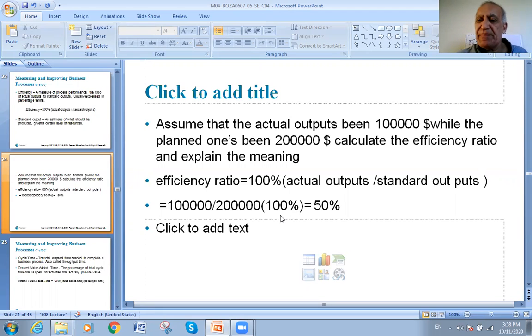Like if you have a shop and you say how much we sold today, 8 units, but we planned to sell 16. That means we have only sold 50% of what we planned to sell. So this gives you a kind of indicator also, whether the market is good or bad, whether you are on the right path or not.